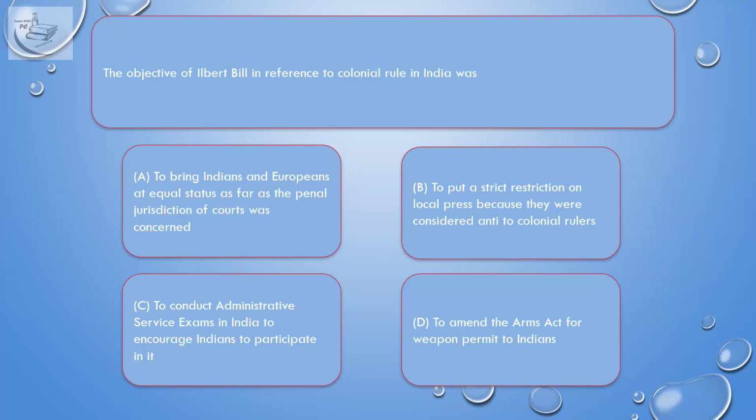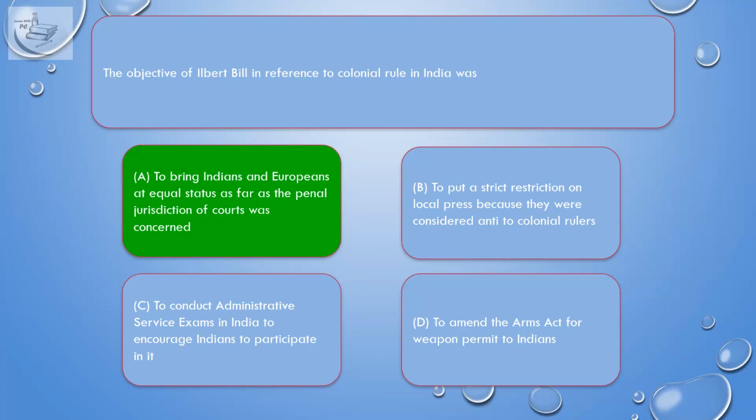C. To conduct administrative service exams in India to encourage Indians to participate in it. D. To amend the Arms Act for weapon permit to Indians. Correct answer is A. To bring Indians and Europeans at equal status as far as the penal jurisdiction of courts was concerned.